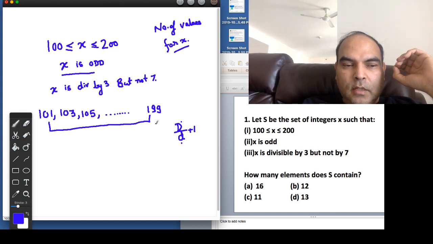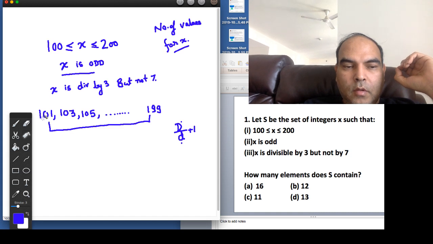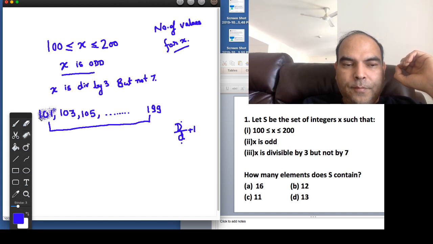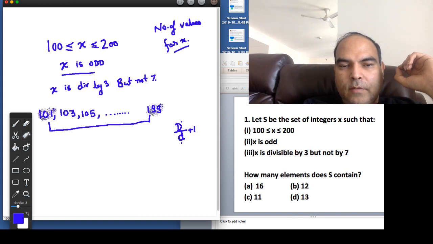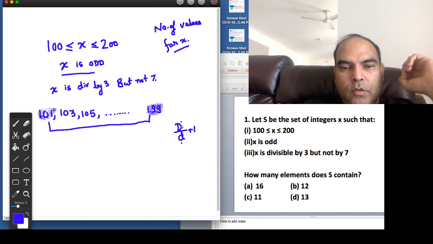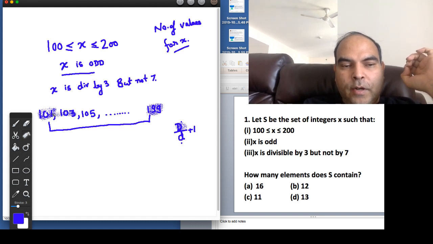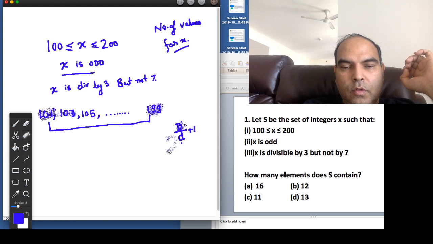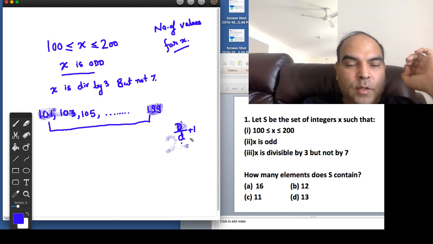In this case, the difference between the number 101 and the number 199 is 98. So D is 98. The common difference is the difference between 101 and 103, which is 2. So small d is 2. 98 divided by 2 plus 1 gives you an answer of 50.